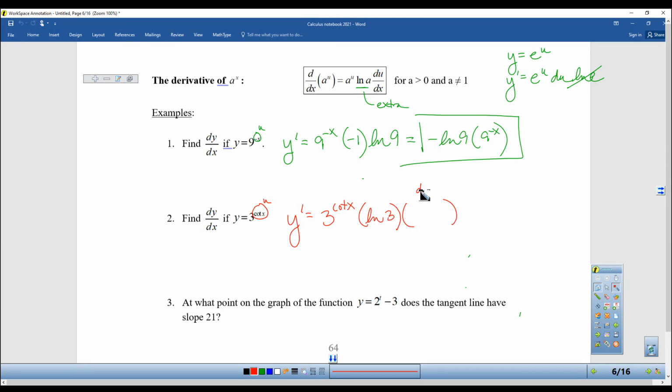So now I need the derivative of u. So if u is cotangent of x, do you remember the derivative? You have to memorize it if you're in AP. You should have it written on your appendix if you are in honors. Cosecant squared x. I'm just going to box it right here.